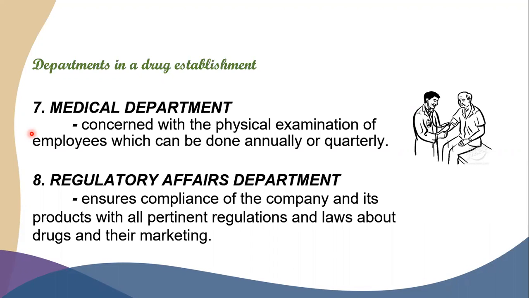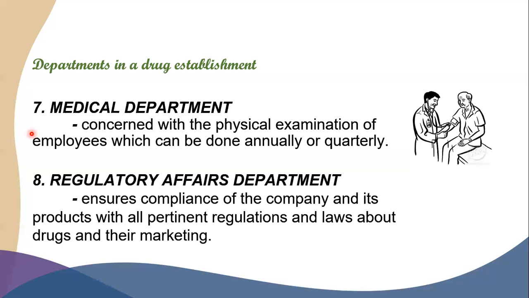This is especially important for those manufacturing companies involved in manufacturing sterile as well as radiologic materials, because all of that radiation could be very harmful in the long run. That is why you also have your medical department to give you physical examinations.